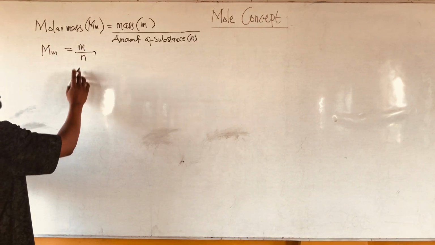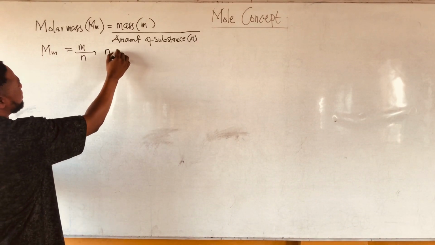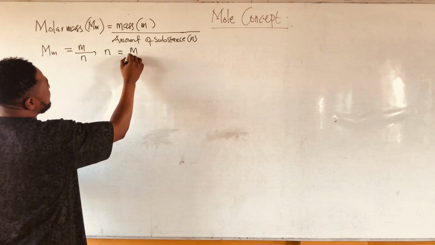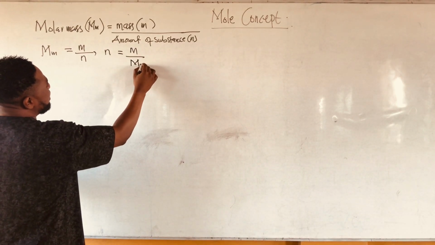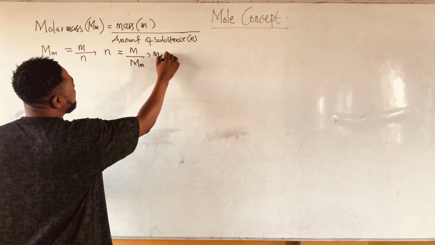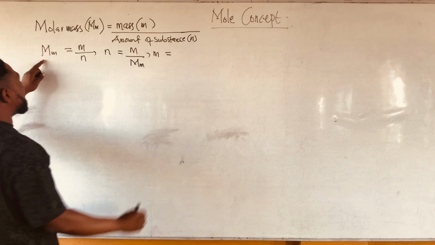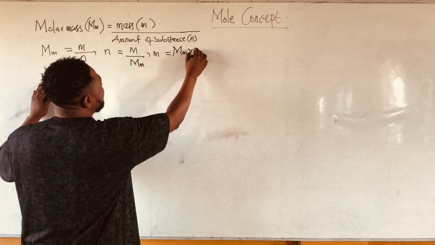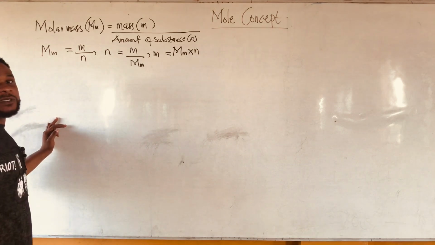From here we can make n the subject, which represents amount of substance, as mass over molar mass. We can also have the mass of the substance as molar mass multiplied by amount of substance.